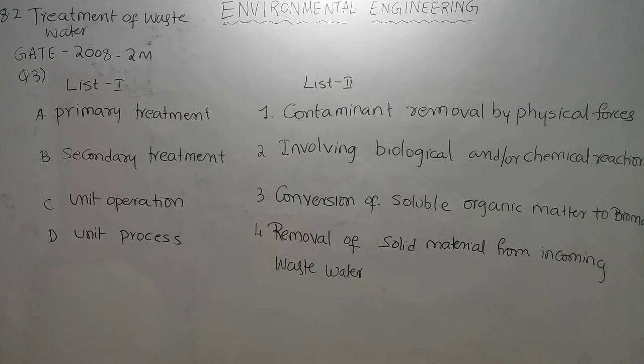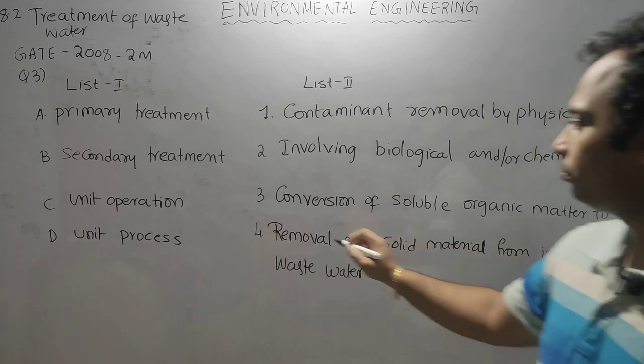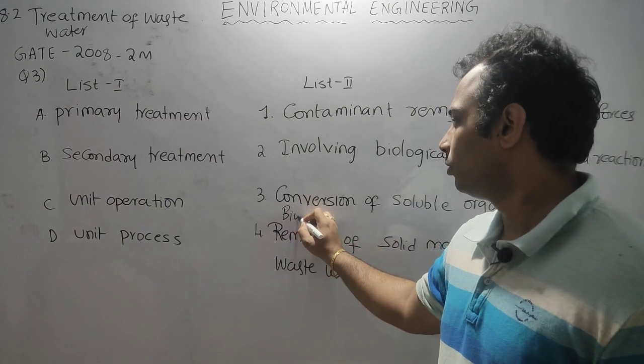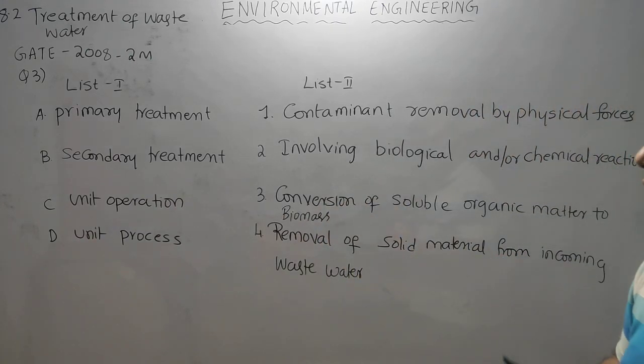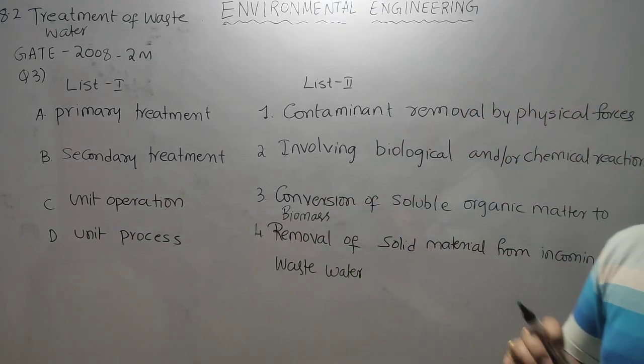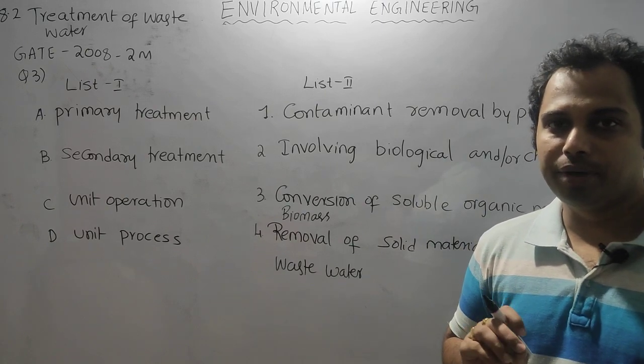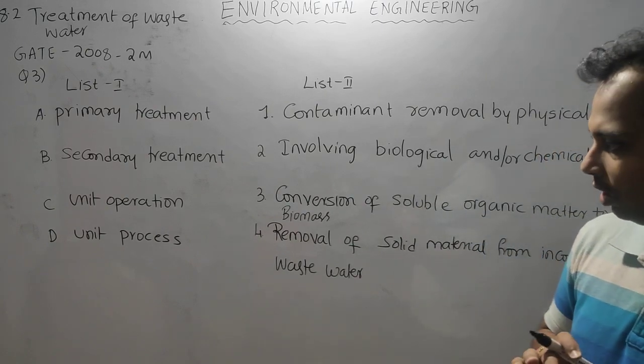So in this we need to select the appropriate one. If you look at the first one, what comes in primary treatment? We know that the primary sedimentation tank comes in primary treatment.